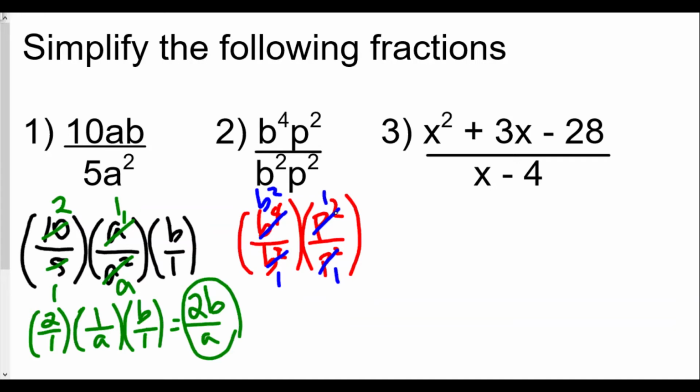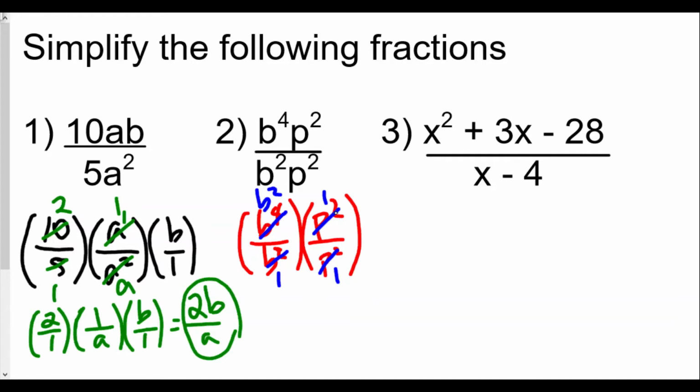Now we could multiply everything out. Do b times b times b times b, b times b times p over b times b times p times p, and just divide each one out by itself. We know in this case that first off, any number divided by itself is equal to 1, so p squared over p squared is 1.